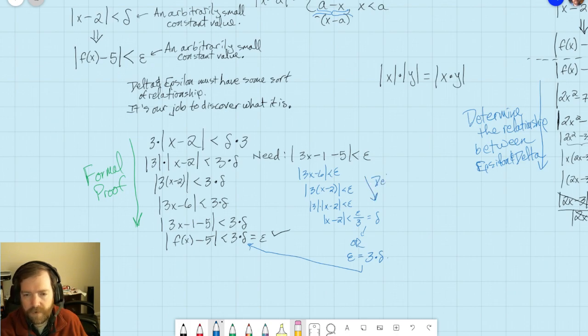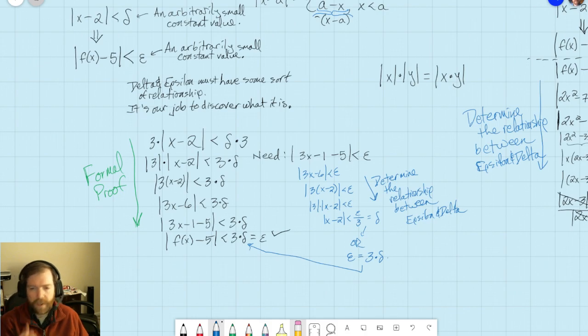So again here, determine that relationship between epsilon and delta.